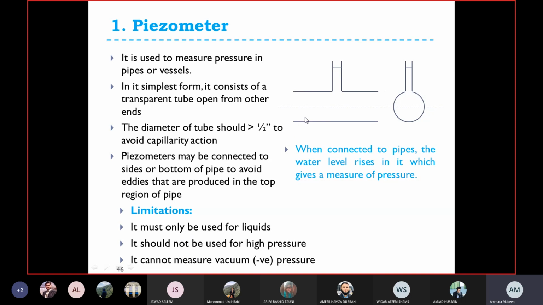So for that purpose, to measure high pressure, there are some other equipments you can install in the pipeline or any system of flowing fluids. This figure is the cross section, and this figure is the longitudinal section of the pipe. And the depth of the fluid in the piezometer would give you directly the pressure head value at that point.